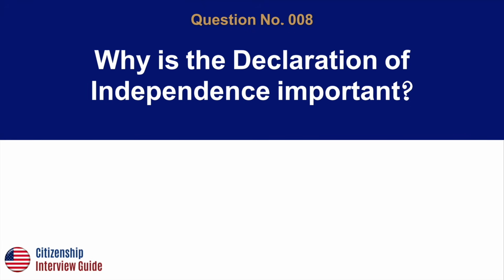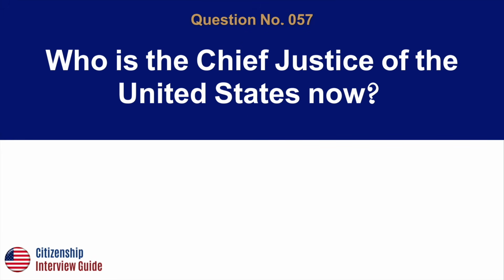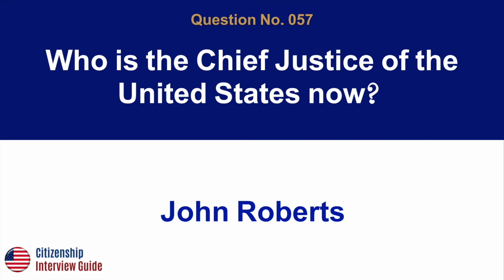Why is the Declaration of Independence important? It says, America is free from British control. Who is the Chief Justice of the United States now? John Roberts.